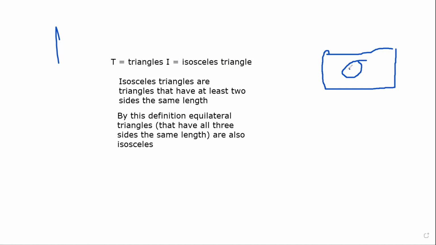So if this is my set I, then there's T, and T, the big one, is a bigger set than I is. But T includes things like equilateral triangles and scalene triangles and whatever. So isosceles triangles here is what we call a subset of triangles.